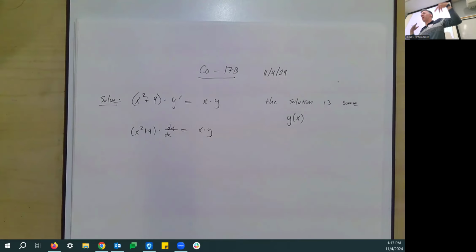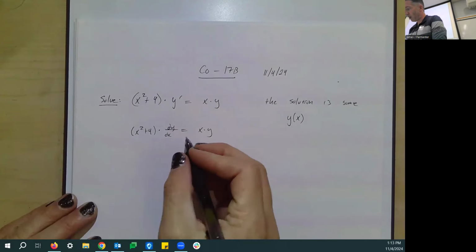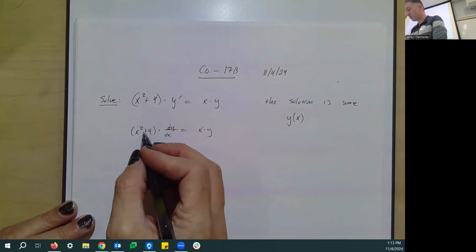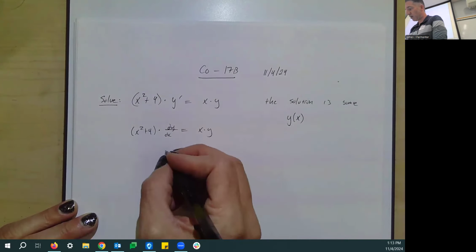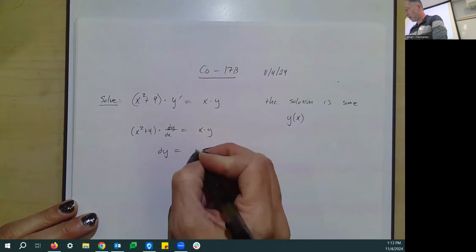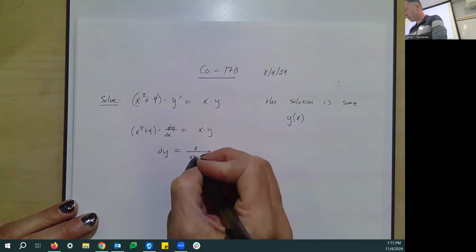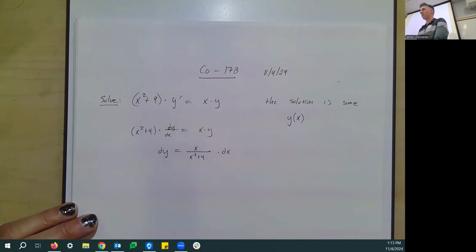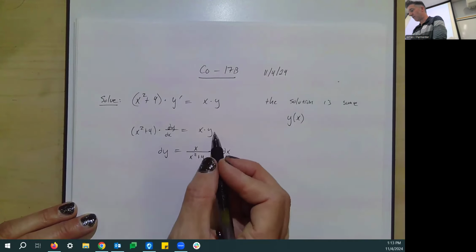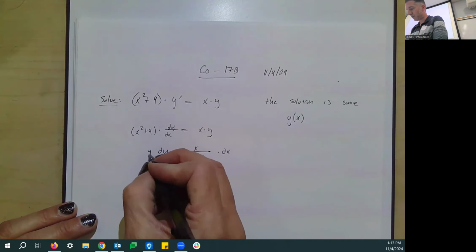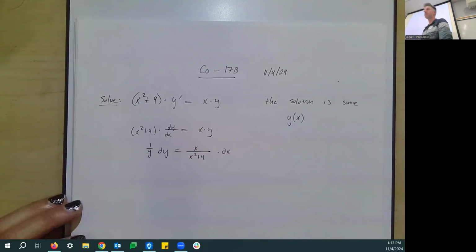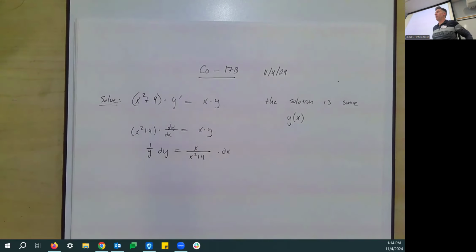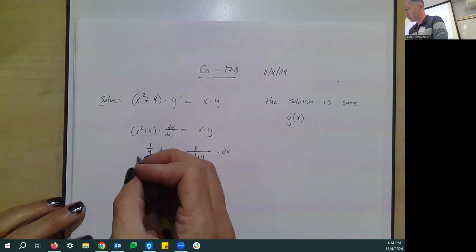So I'm going to multiply both sides by dx, and divide both sides by x squared plus 4. So I have dy equal to x divided by x squared plus 4, times dx. I'm also going to divide both sides by y, so 1 over y. Now I've separated my variables. All the y's are on the left, all the x's are on the right, and then we integrate both sides.